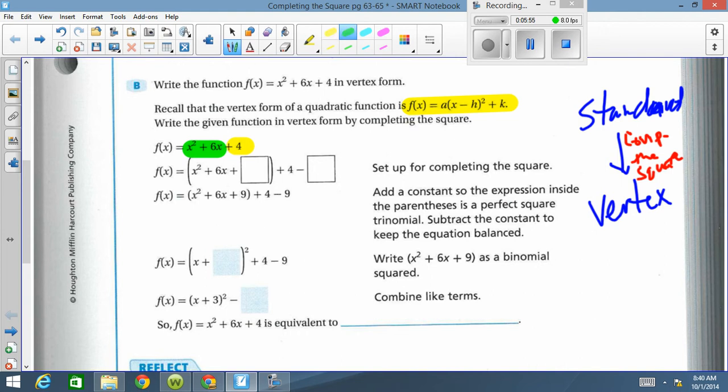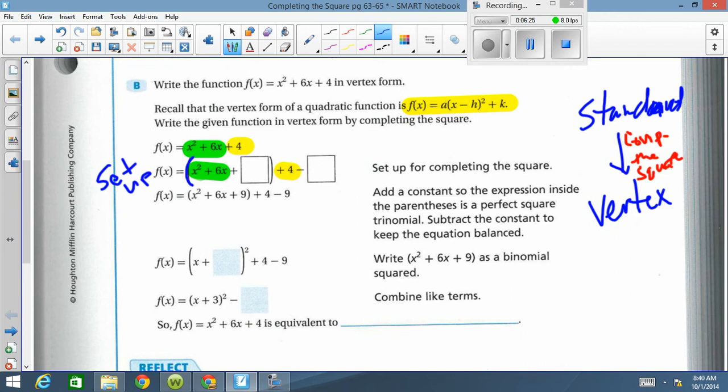As you look at the notation below, the first two terms are part of their own parentheses, and then the third term gets moved to the outside of the parentheses. And the part that's in the green there, that's the completing the square part. Okay, this is just a setup so that in our next step we can complete the square.